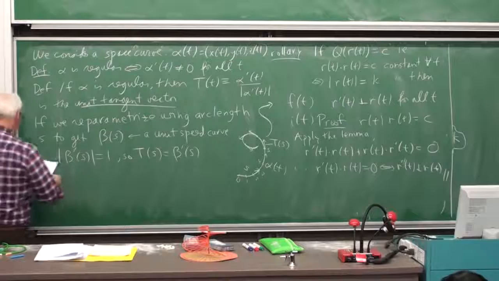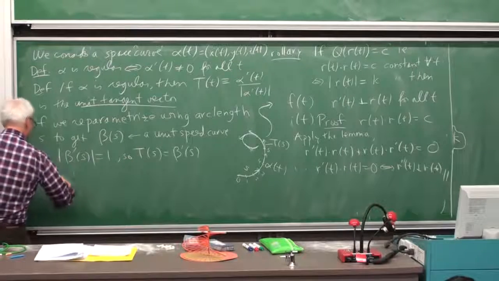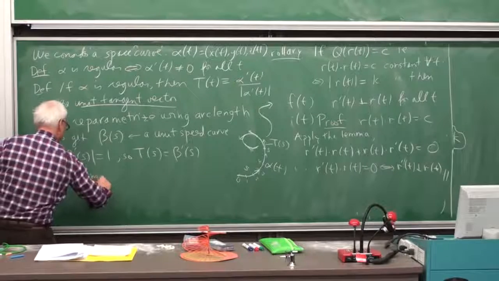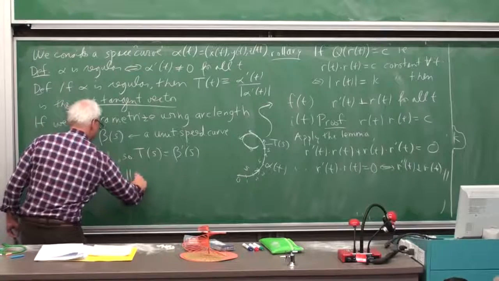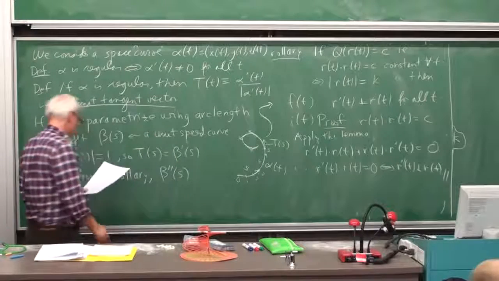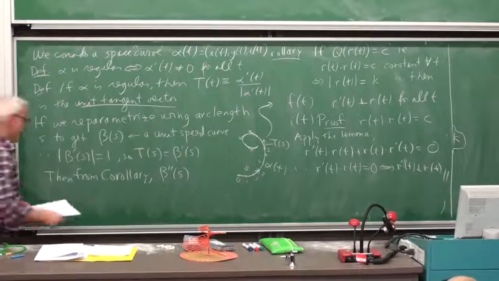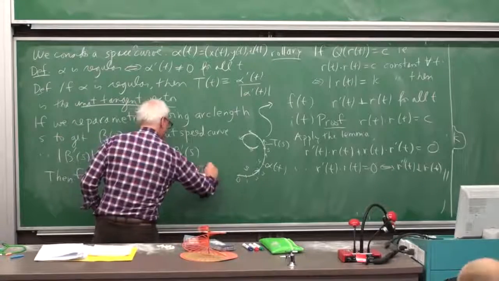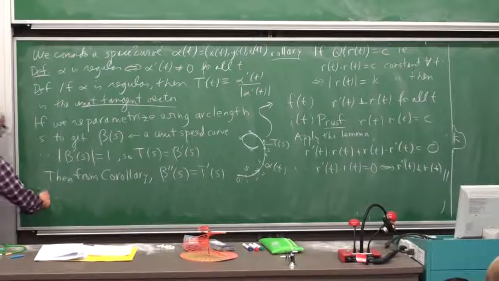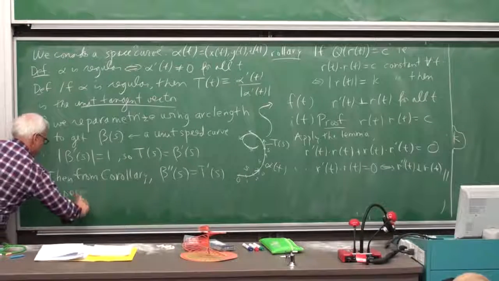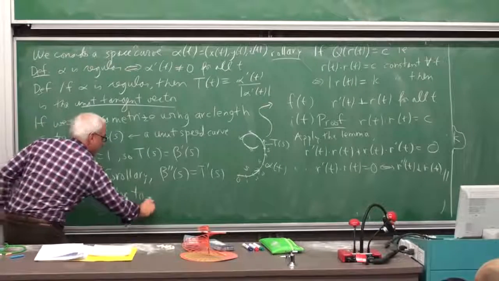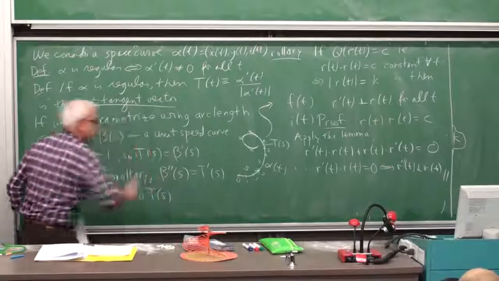So then from our corollary, beta double prime of S, which is the same as T prime of S, is perpendicular to T of S.